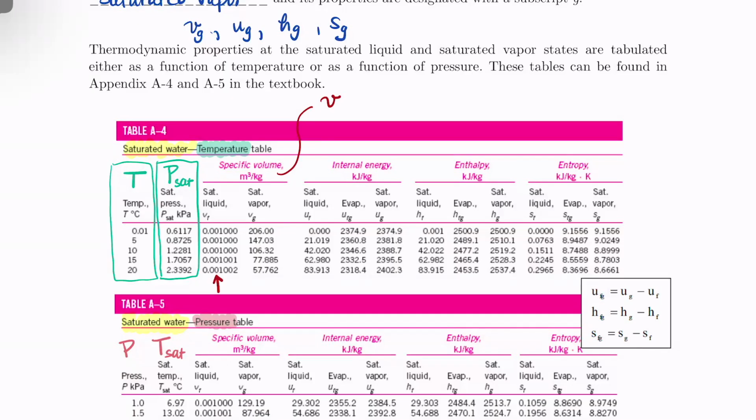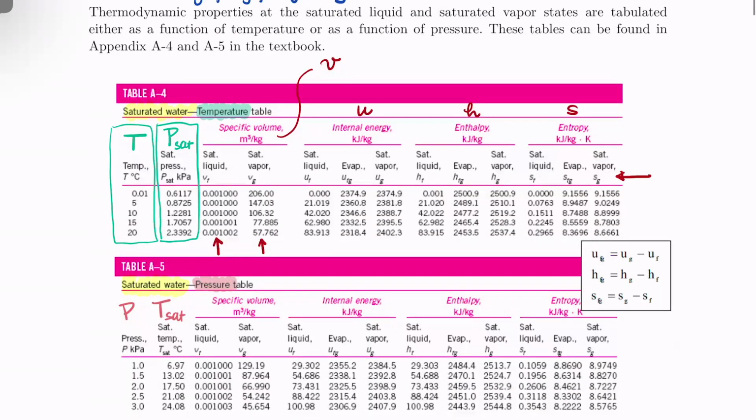If it's a saturated vapor, we'd be looking at this column. Same thing for internal energy, so this is U, enthalpy is H, and entropy is S. All these symbols are given in this row as well, but this table is nice because it gives you the written out name, the units, and the symbol.